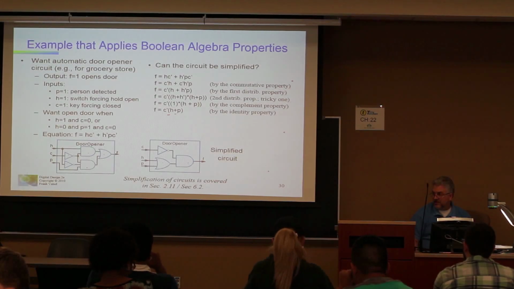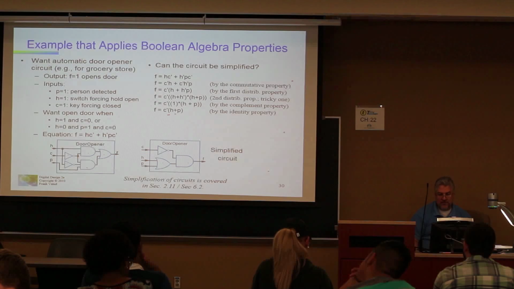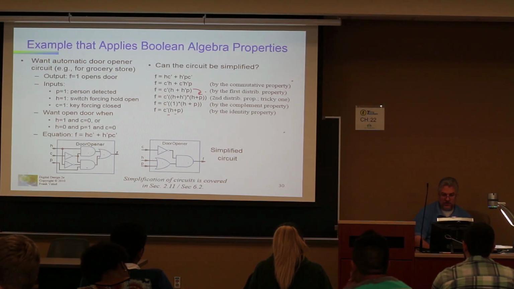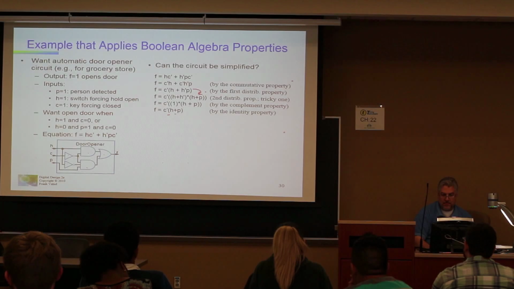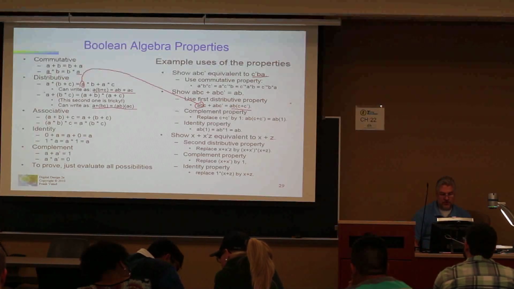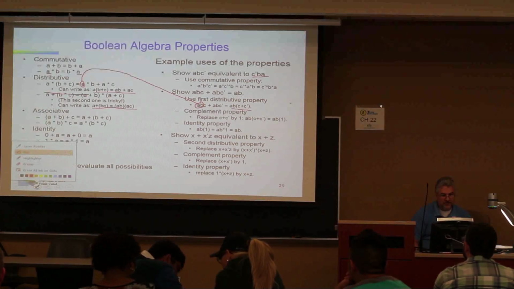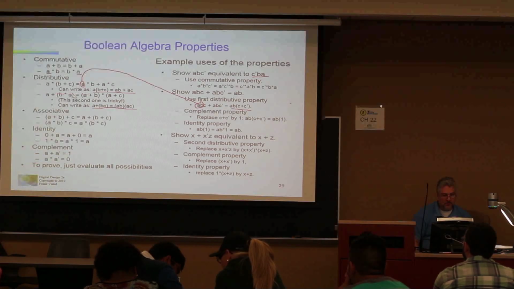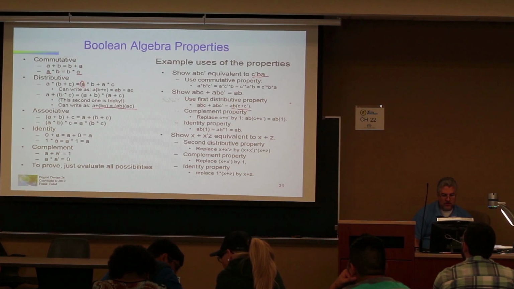Yes, sir. So the question that we had is, you see the fourth step, the tricky one again? How exactly do you divide that? Now let's go back and look at the distributive property, right? The distributive property says, and they said the tricky one, so let's look at the tricky one.